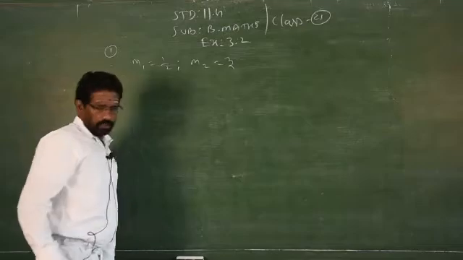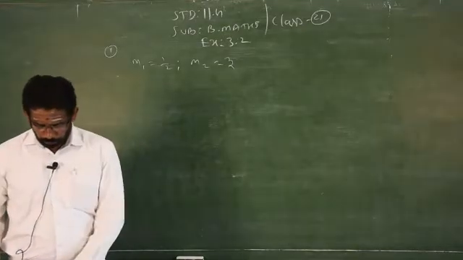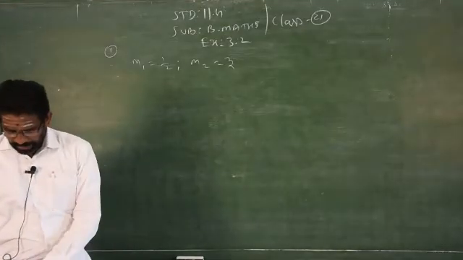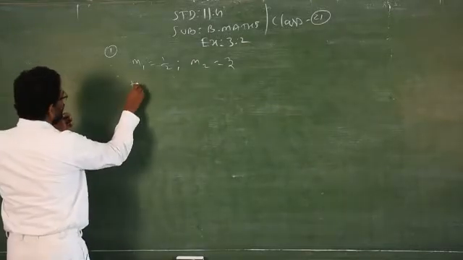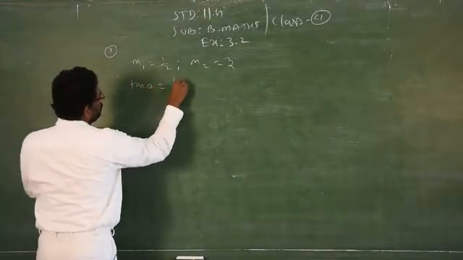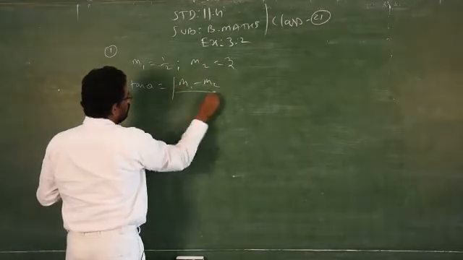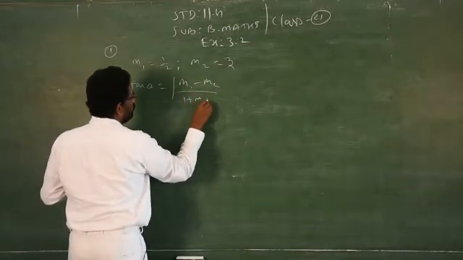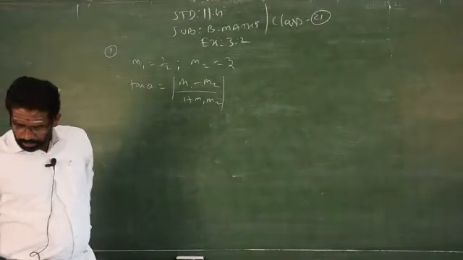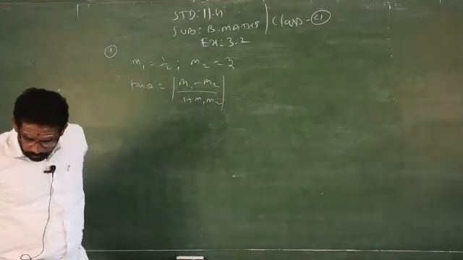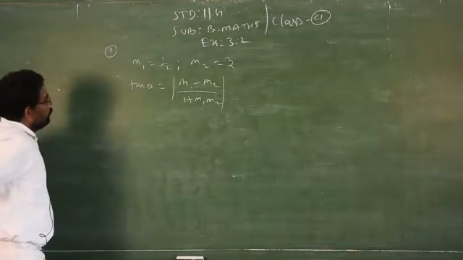What is the relevant formula to find the angle between two straight lines when two slopes are given? Tan theta is equal to modulus of (m1 minus m2) by (1 plus m1 m2). This is the formula to find the angle between two straight lines.